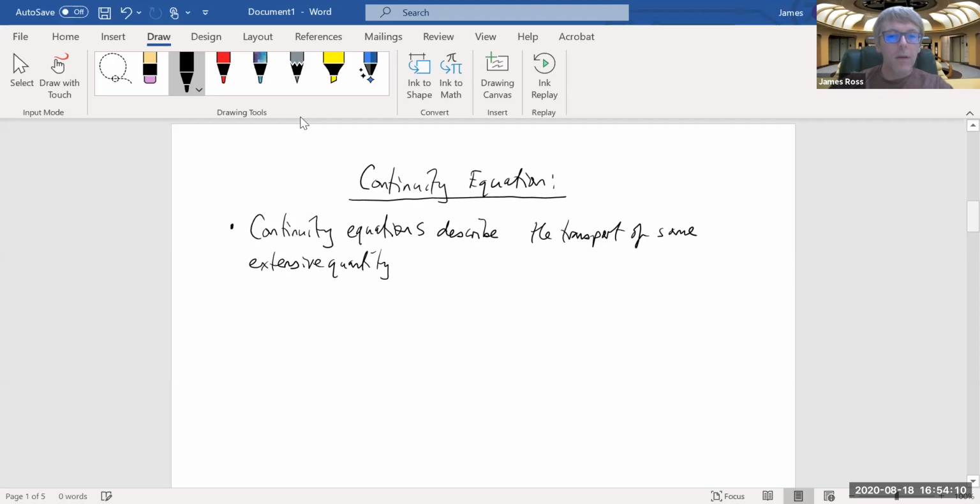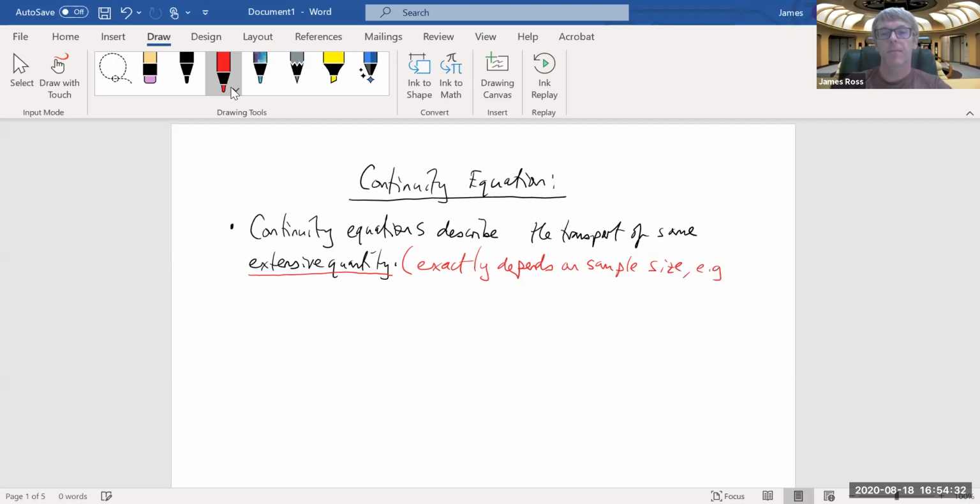Now, before I totally baffle my audience, remember what an extensive quantity is. It's something that exactly depends on the sample size. E.g., mass.